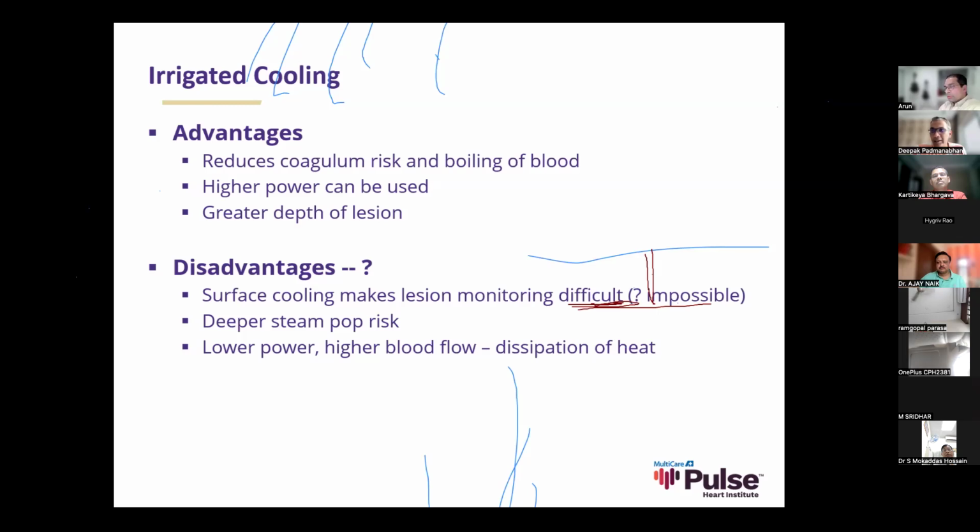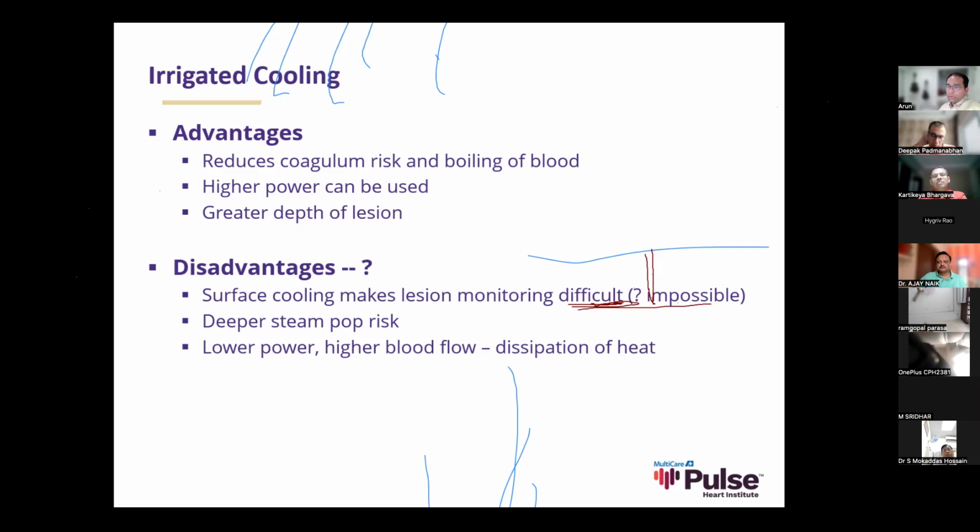But in a non-irrigated catheter, if you are able to reach the particular temperature you want for ablation, it would mean essentially that you are in good contact. You're absolutely right. You can use the catheter tip temperature as a surrogate for contact because otherwise you are not heating anything. You won't know if you're giving too much contact though.